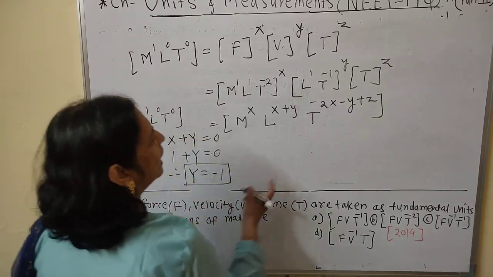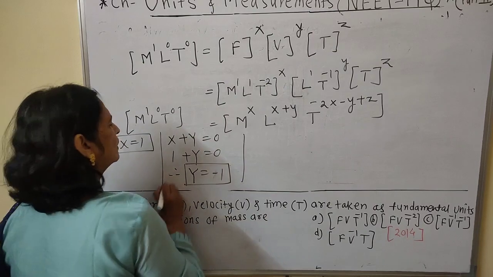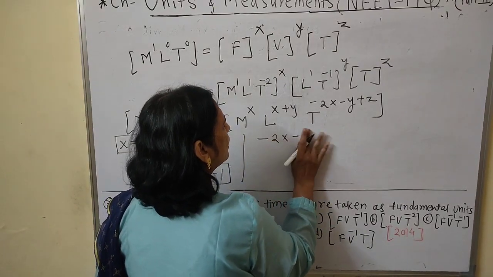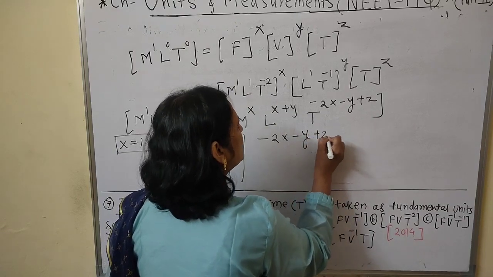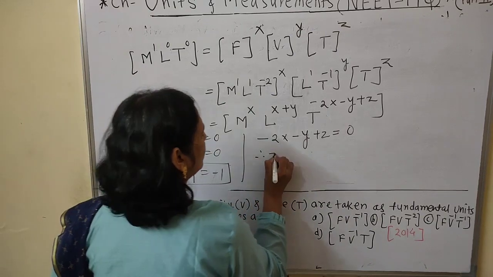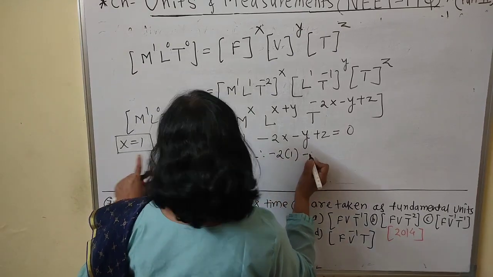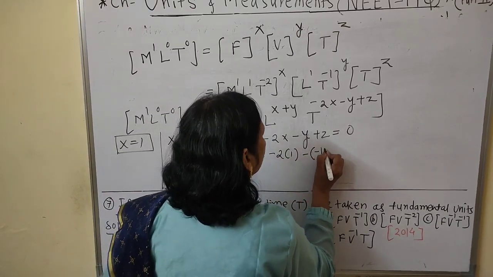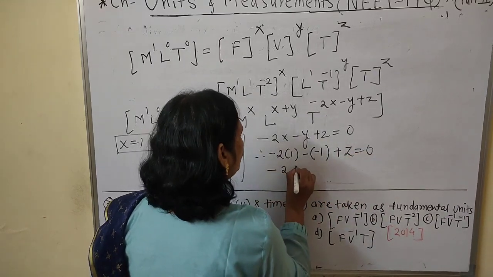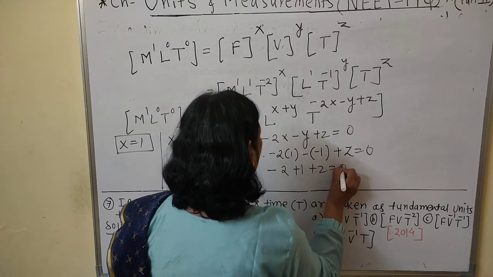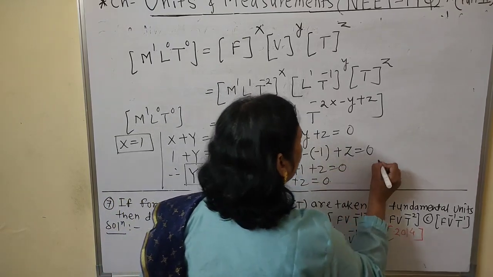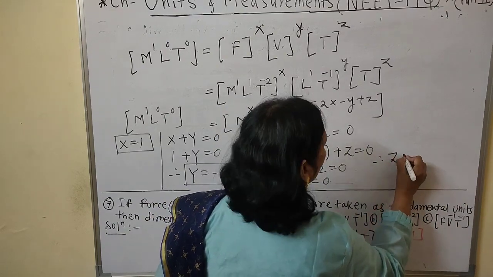And then third equation, minus 2x minus y plus z is equal to 0. Therefore, x is equal to 1, minus 2 into 1 minus y, that is minus 2 plus 1 plus z is equal to 0, minus 1 plus z is equal to 0, and therefore z is equal to 1.